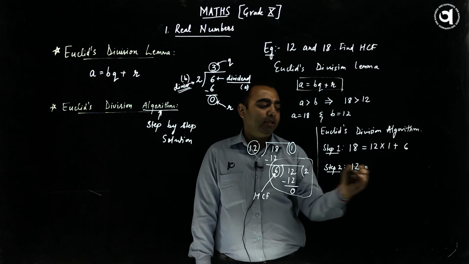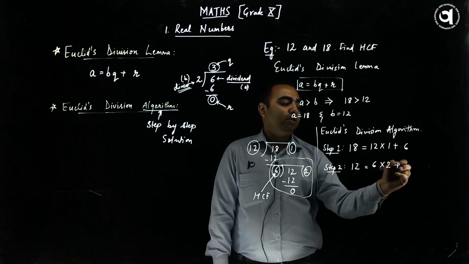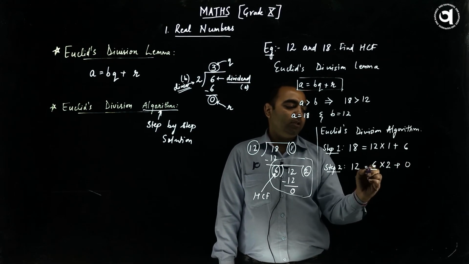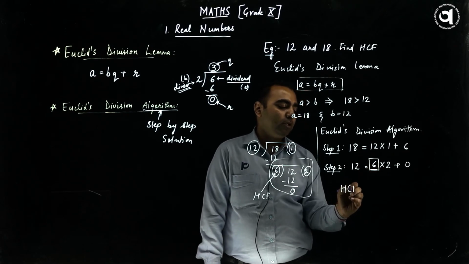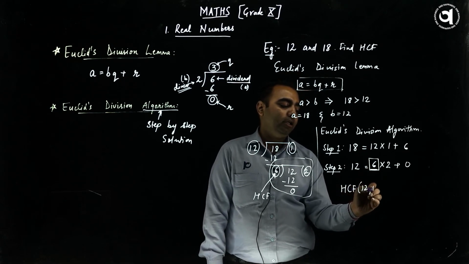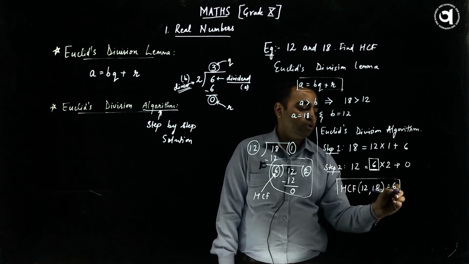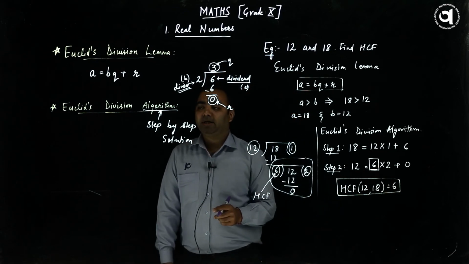What will be our B? That is 6. Multiplied by quotient 2 and remainder 0. Once the remainder comes as 0, whichever number we write over here will be our HCF. So HCF of these two numbers, 12 and 18, is equal to 6. I hope you have understood how to find HCF using Euclid's division lemma and algorithm.